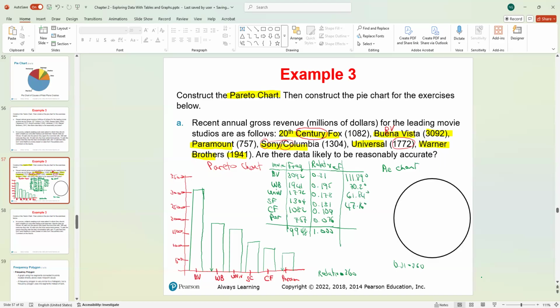Now, 0.109 times 360 is 39.24 degrees. Now the last one, 0.076 times 360 is 27.36 degrees. So the total must give you 360.